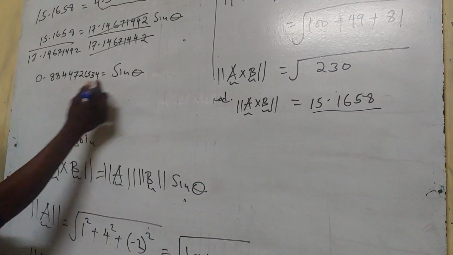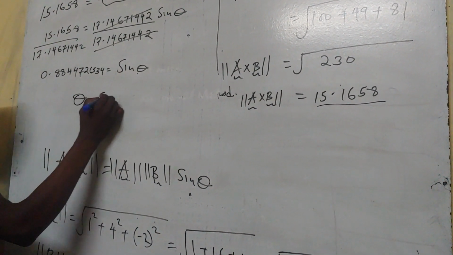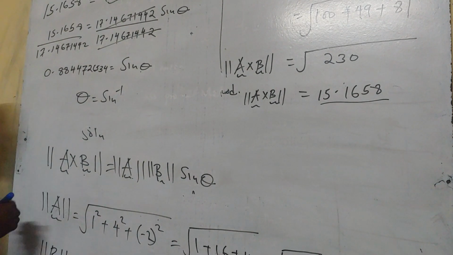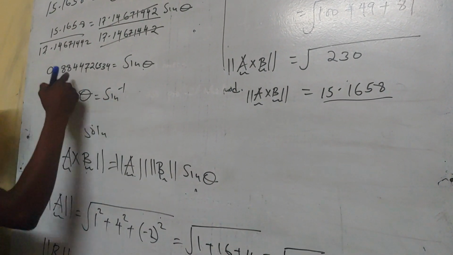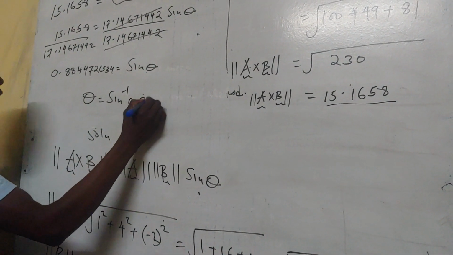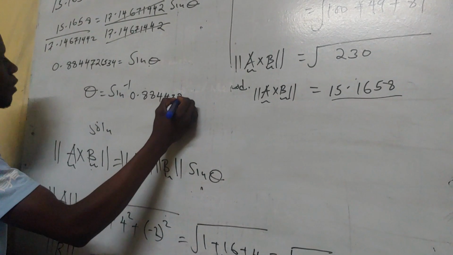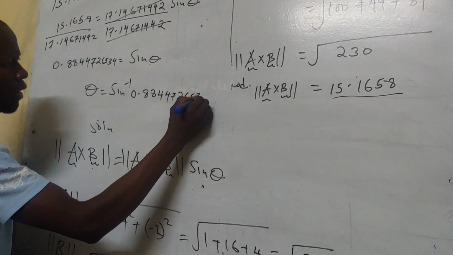To get theta, which is the angle between the two vectors, we simply find the sine inverse of the right side, of what we have on the left hand side of the equation, that is 0.8844726534.